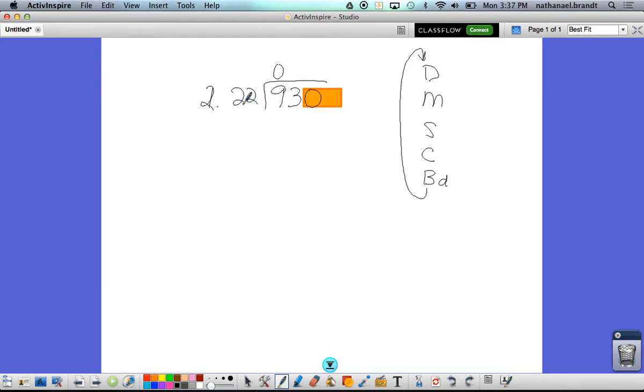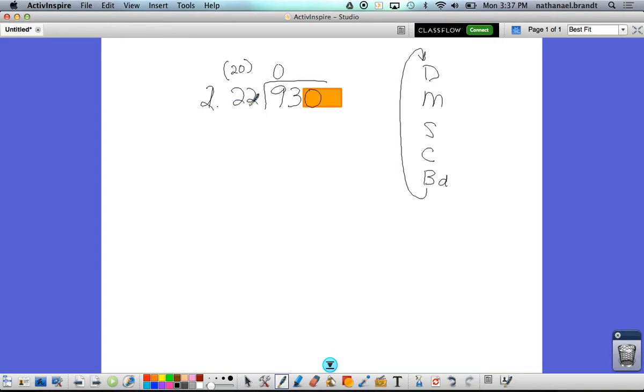Yes, I can. At school, remember we talked about rounding these, so 22 rounds to 20. For this, I think, how many groups of 2 can I get from 9? Well, I can get 4 groups of 2 from 9, which means I can get about 4 groups of 20 from 93.